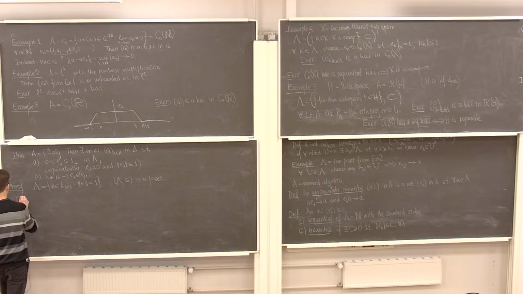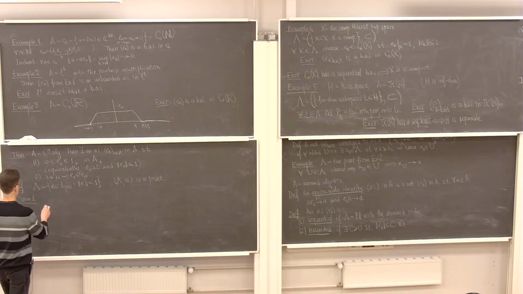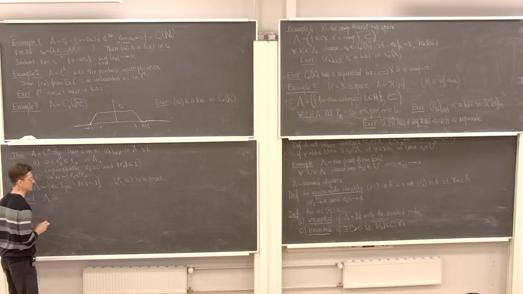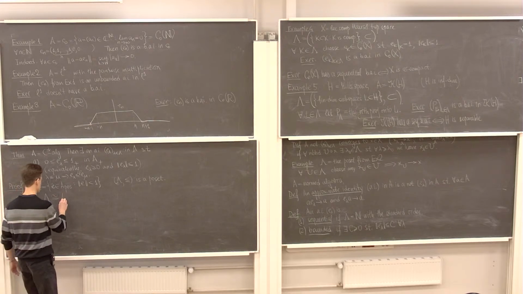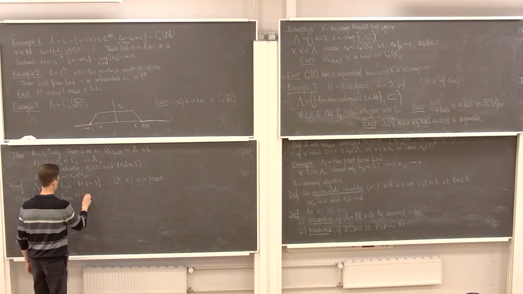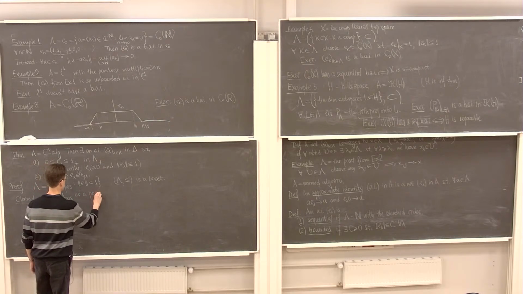Actually, I claim, and this is the first step in the proof of our theorem, that lambda is order isomorphic to the set of all positive elements. These two ordered sets are isomorphic.